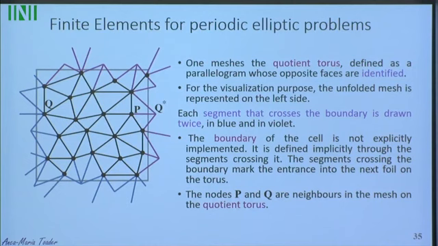Okay, so these segments that are crossing the boundary, let's say this one starts here, and this is the same segment as the one entering here. So these two nodes P and Q are neighbors on the mesh on the torus. Why? Because here Q star, this node here, which is fictitious in fact, is the same as Q. Okay, so this is how we implemented the mesh on the quotient torus.